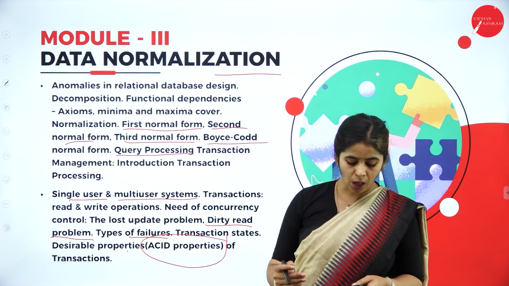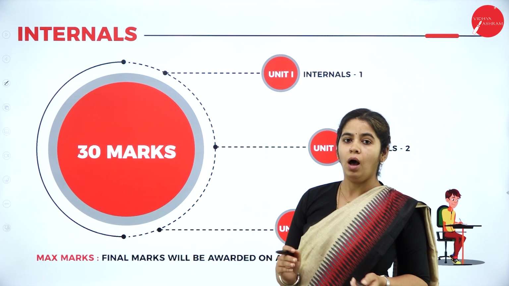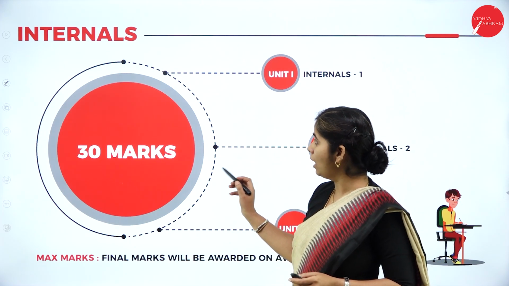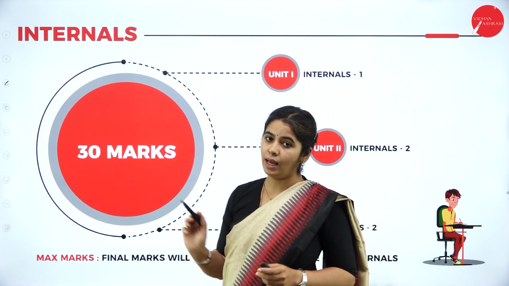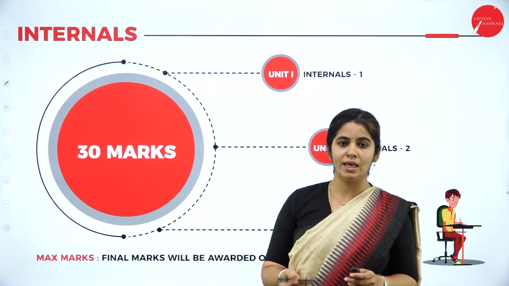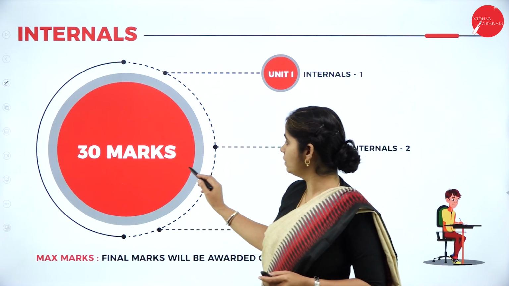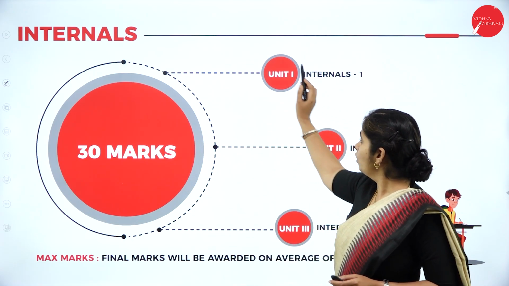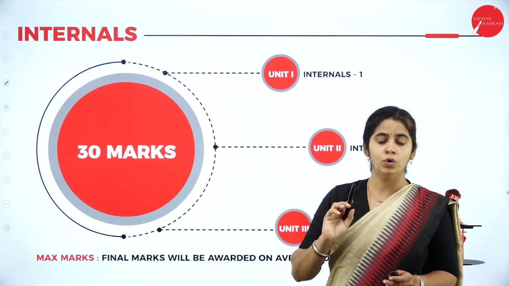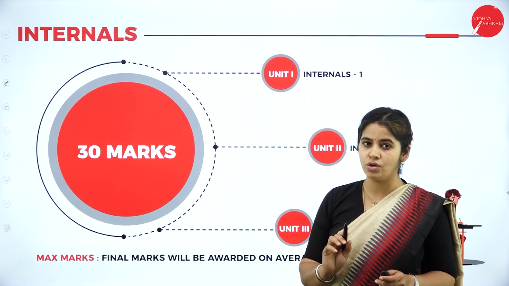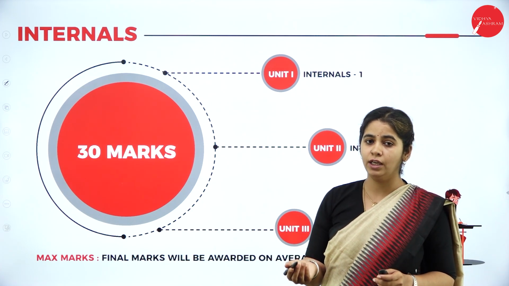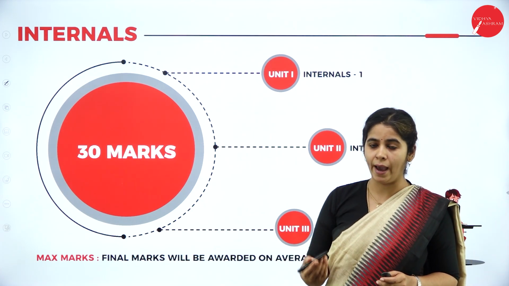Now let's move on to how the marks distribution is done. Internal marks are for your IAs. Two IAs will be conducted, for a total of 30 marks. Internal 1 covers unit 1, with 10 marks for each question you are supposed to answer.